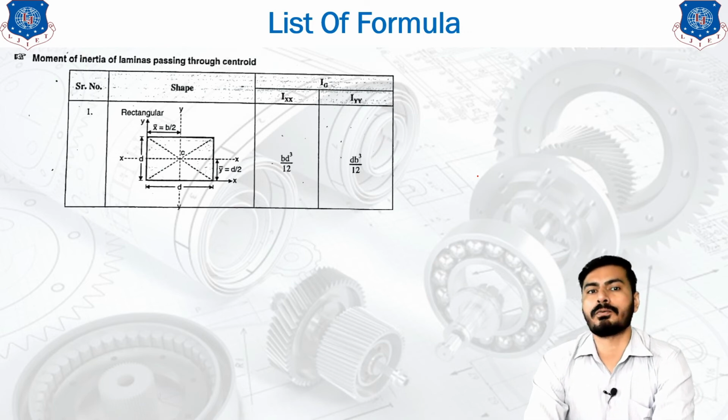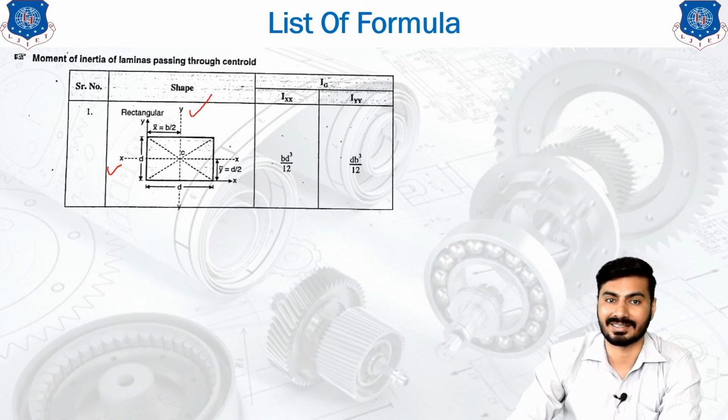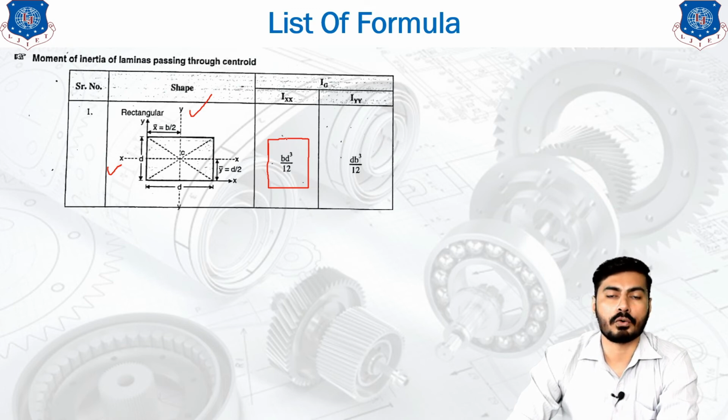Okay, so first of all, the first shape is nothing but the rectangular shape. As you can see, the x-axis is passing through the center of this rectangle, and the y-axis is also passing through the center of the rectangle, and that's why we will see the moment of inertia about both the centroidal axes. If you want to find the moment of inertia IXX about the x-axis, we have seen the formula, that is BD cubed by 12.